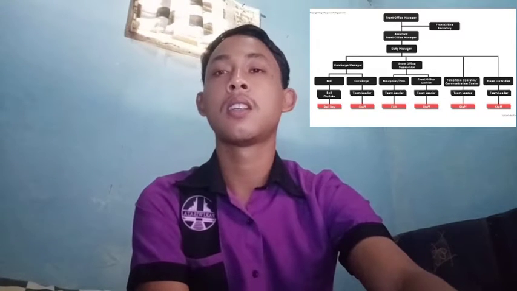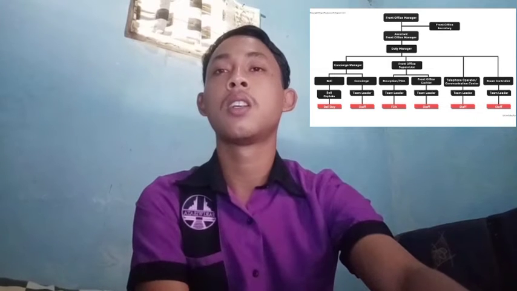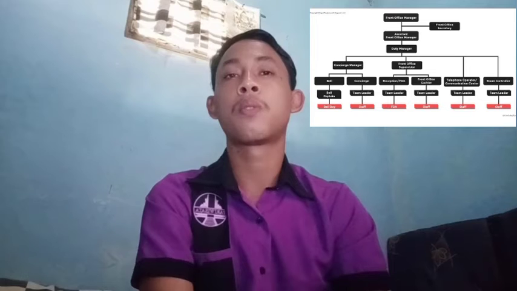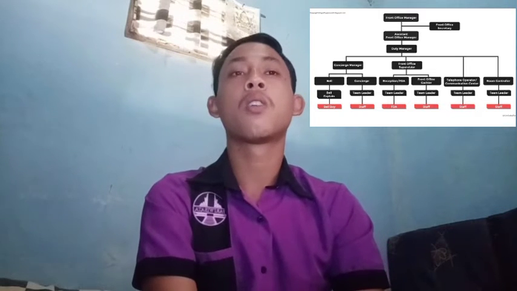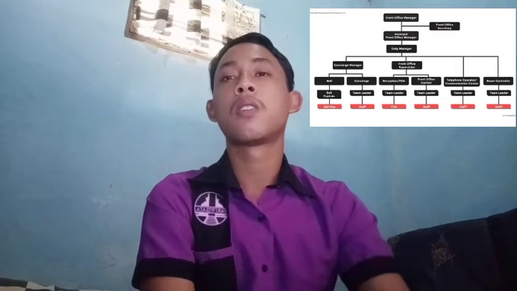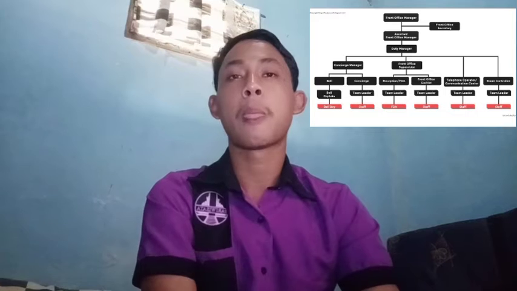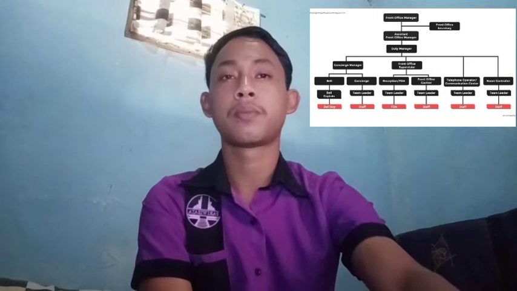And the next, front office supervisor. The front office supervisor is the leader of the front office section. The front office section itself consists of the receptionist or GSO and the front office cashier.